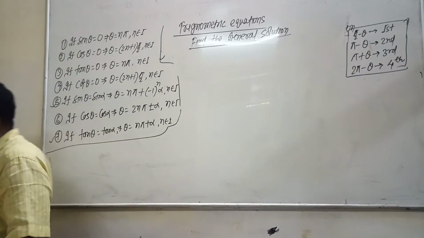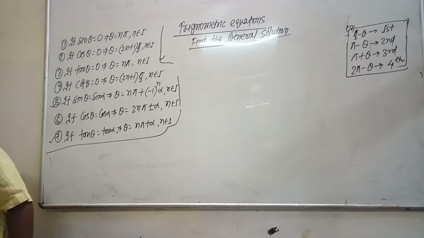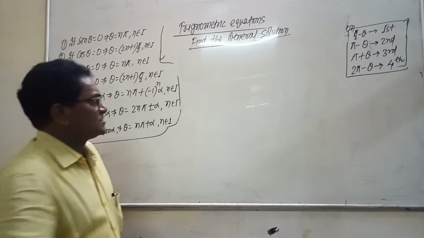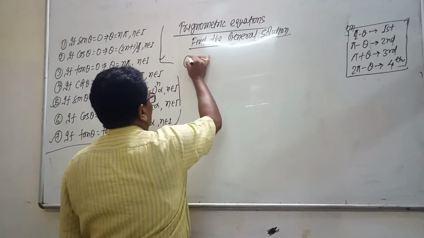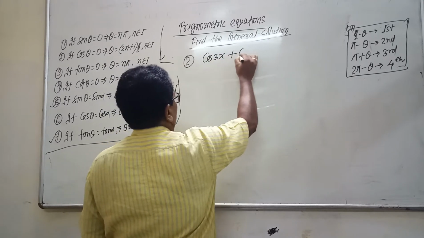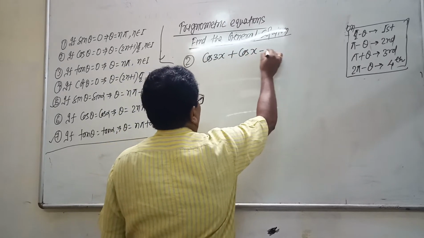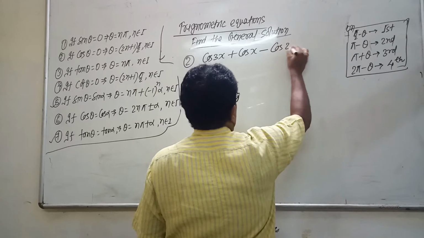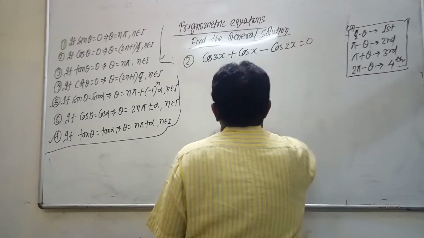Now second question, cos 3x plus cos x minus cos 2x equals to 0.